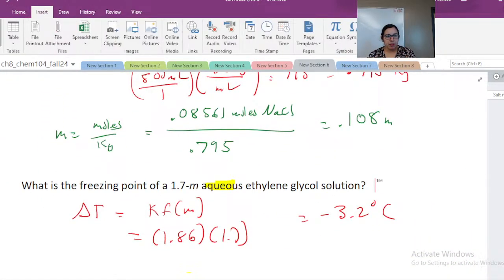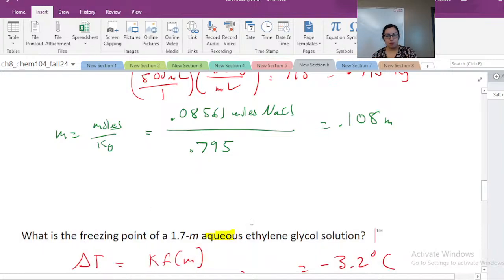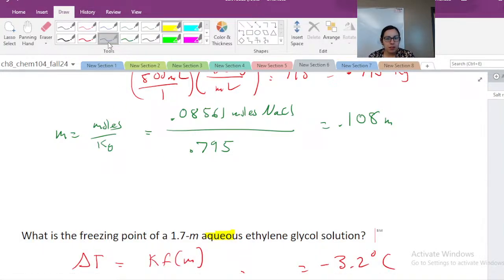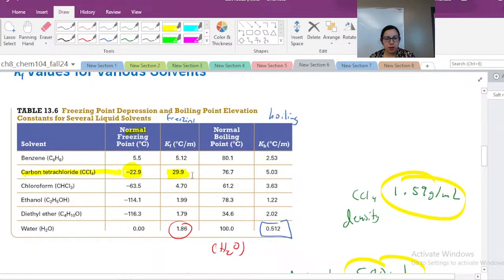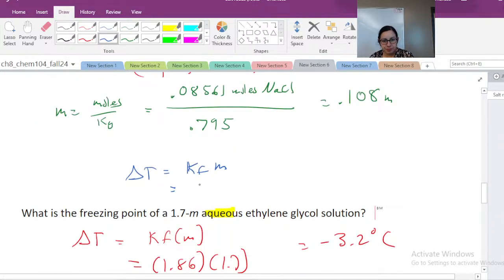So now we can plug it in to our formula. So our change in temperature is going to be equal to KF times molality. So then that's equal to our, again, 29.9 times our molality that we found.